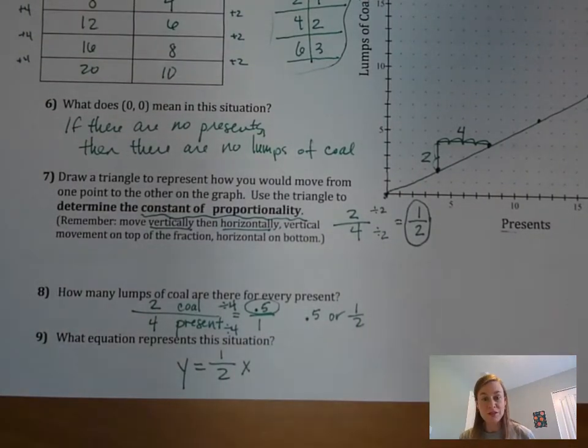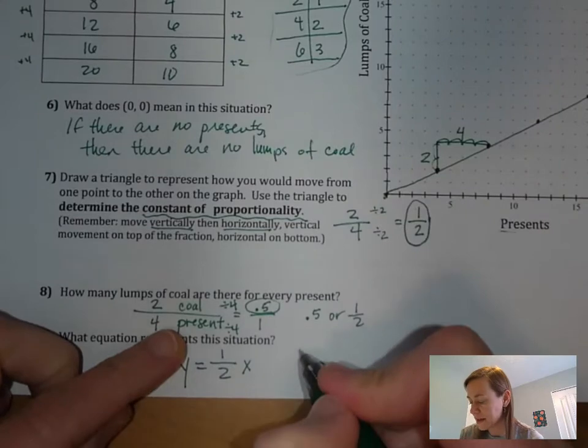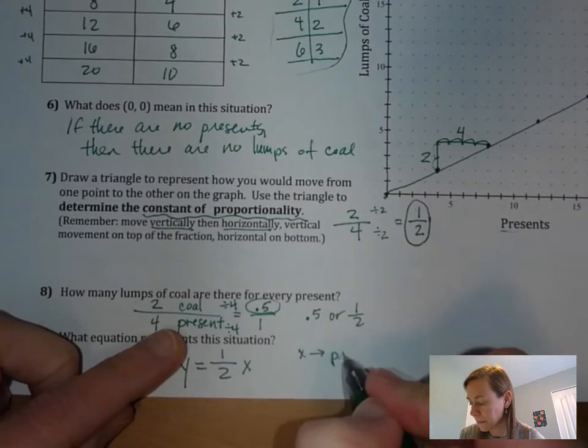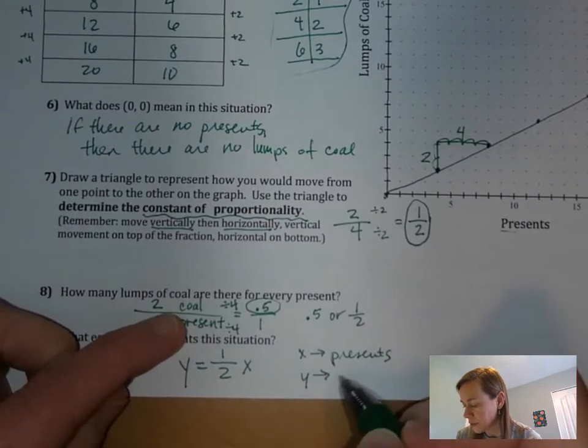Now we should show what the variables are. The x is the one on the bottom, so x represents presents, and y represents the lumps of coal.